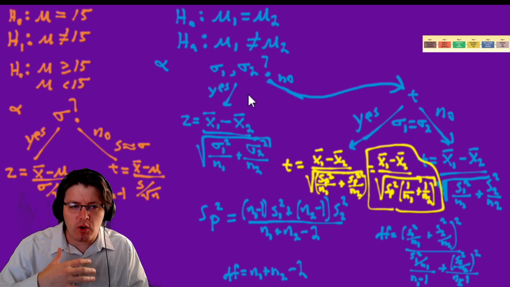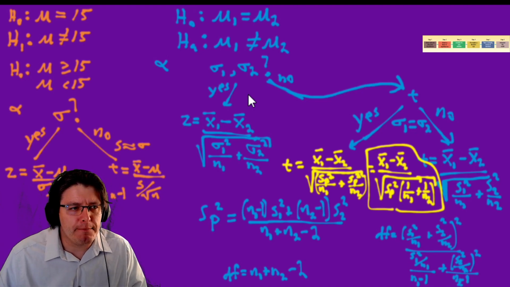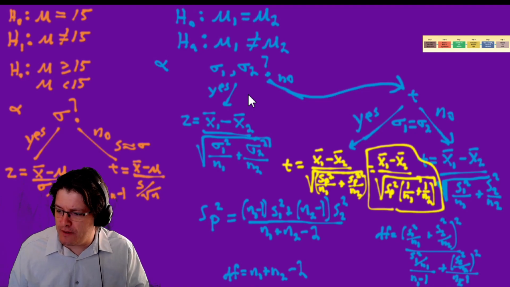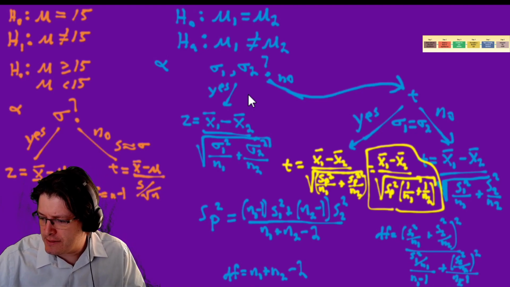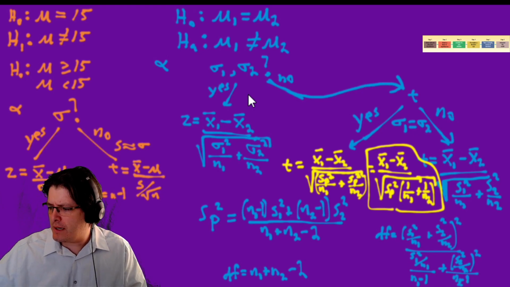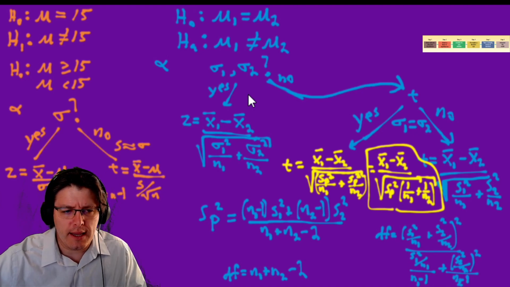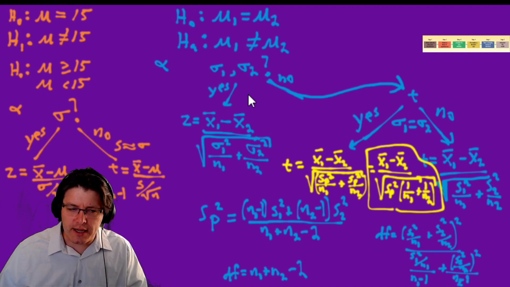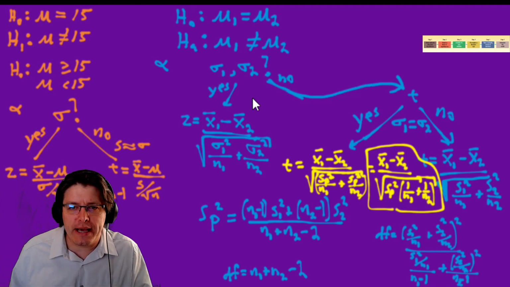But first, I want to talk more broadly about what we're doing here in general in terms of 2 sample tests. And to do that, we're going to start with what is ideally what we would have.